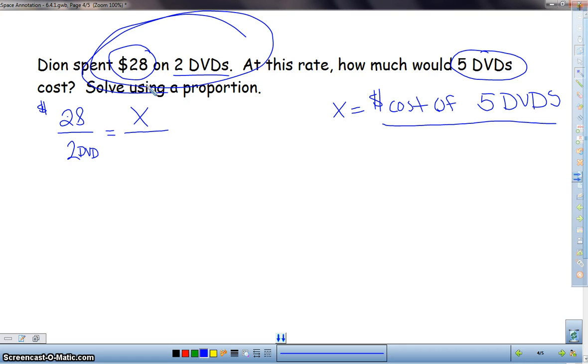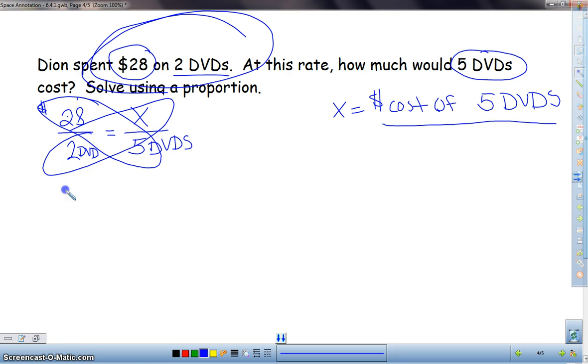So I know that they are sharing what they represent in terms of cost. And then on the bottom I'm going to put 5 DVDs because I'm trying to figure out the cost of 5 DVDs. There's another way to do this, and I'll show you that in a moment. So I'm going to cross multiply and solve so I can get x alone.